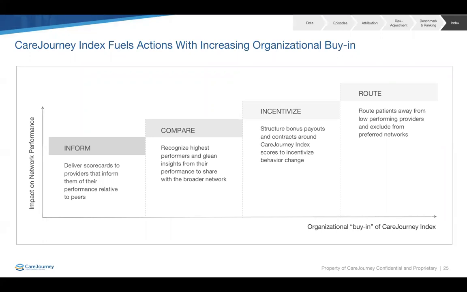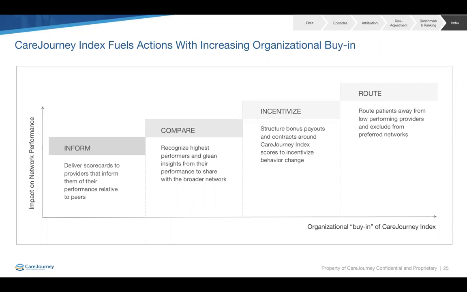We've been looking at our own performance for years. We know how we're doing. We feel pretty confident that we're doing reasonably well against expectations or not, and you know it. How does accessing the CareJourney Index help to just ground swell, if you will, ground truth, how we're doing against our peers? So giving you a window beyond the four walls in which you operate today.